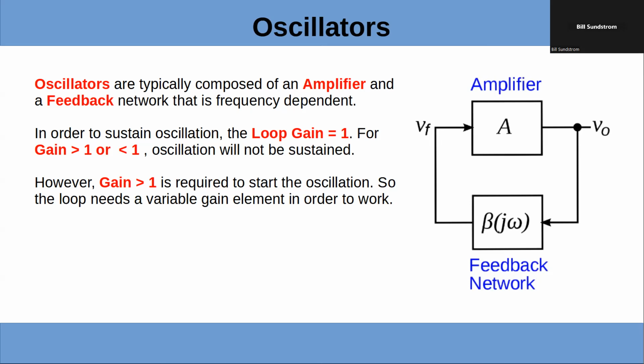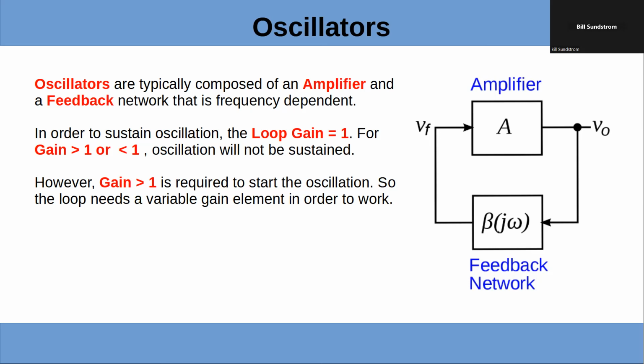Now, the real trick is for it to start and sustain an oscillation, you have to have an overall loop gain of 1, which means the amplifier has to have enough gain to compensate for the loss in the circuit and result in a gain of 1 on the total circuit.